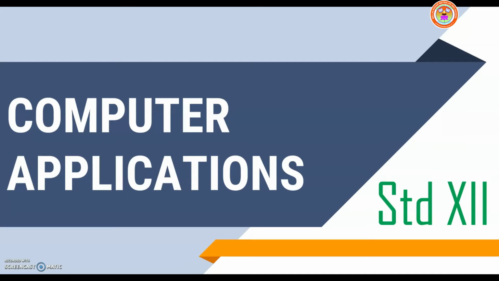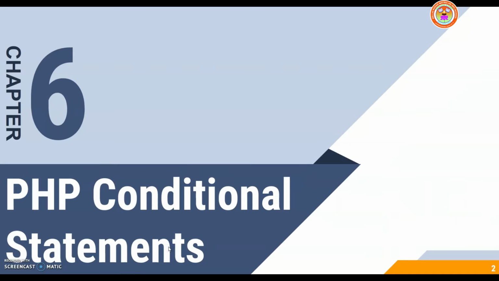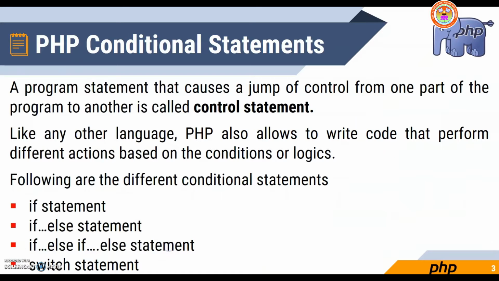First of all, before entering into conditional statements, you should know about control structures. So in chapter 6, we are going to deal with PHP conditional statements. A control statement will cause a jump from one part of the program to another part.